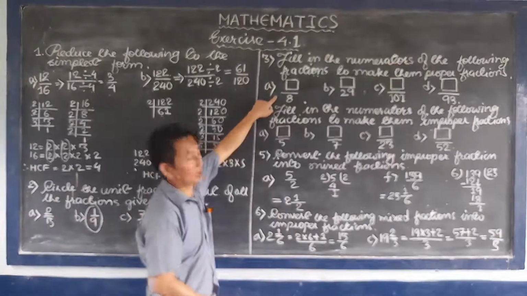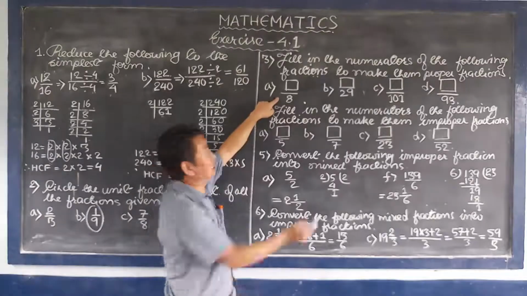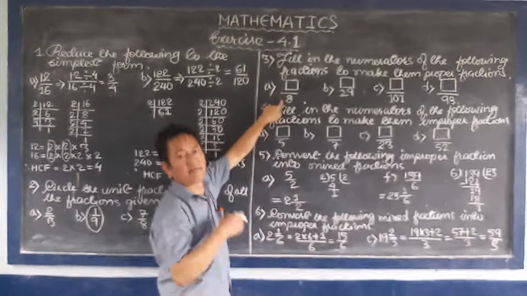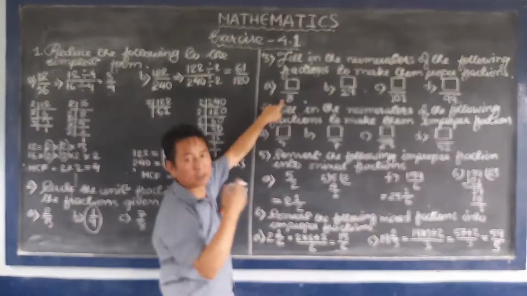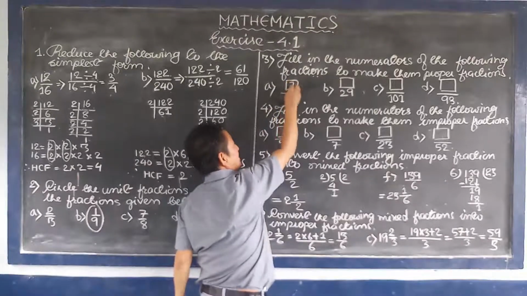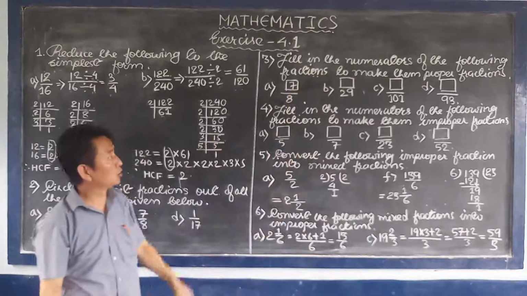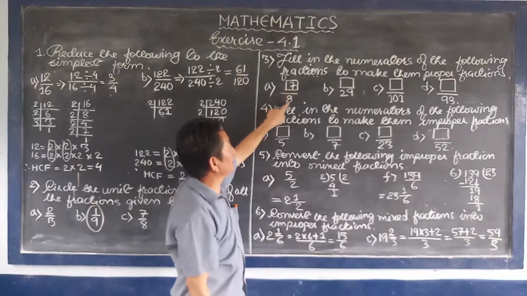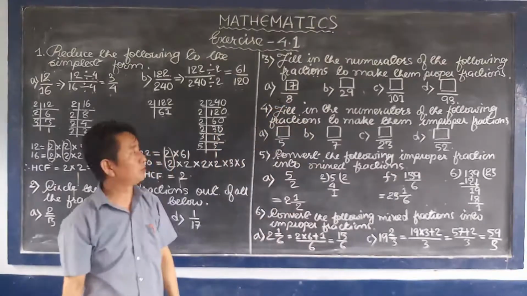As you can see, what are the numbers less than 8? 7, 6, 5, 3, 2, 1. So I write here 7. 7 is less than 8. So it's a proper fraction because the numerator is less than the denominator.